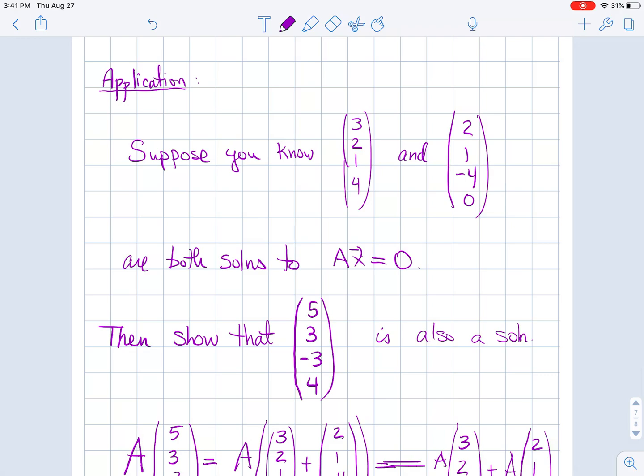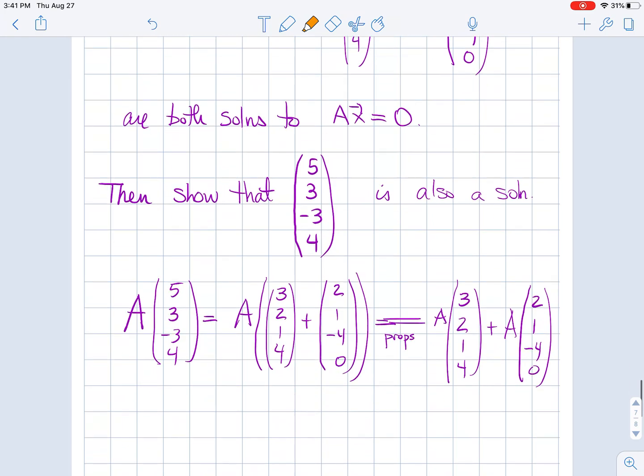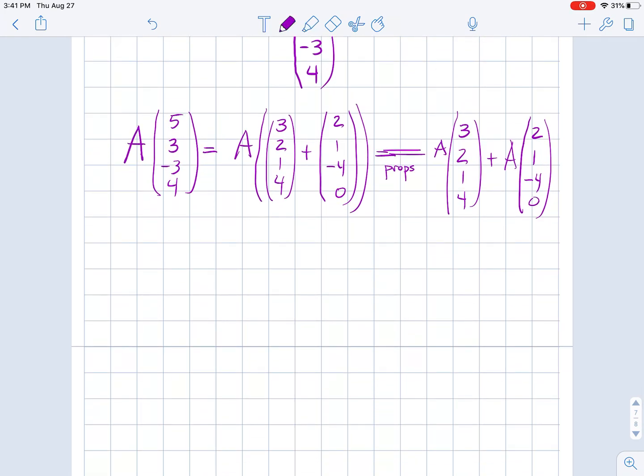But what did we know about those two vectors? We knew that those vectors were both solutions to Ax equals 0. So if I take A and multiply by either of those vectors, I'm going to get 0. And so what do I get? I get 0 plus 0, and that's 0.